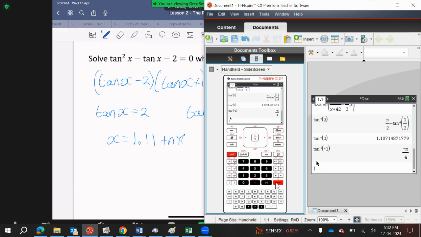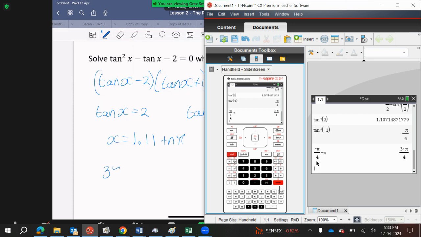So on my calculator, I'm going to take that value and add pi to it. So we get 3 pi over 4. No, that's this one here. We get 1.11 first.